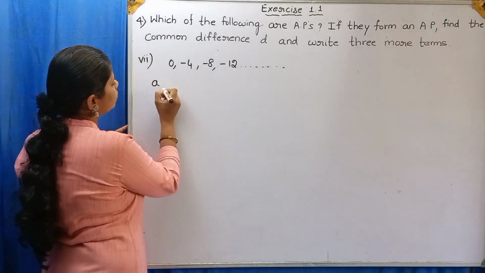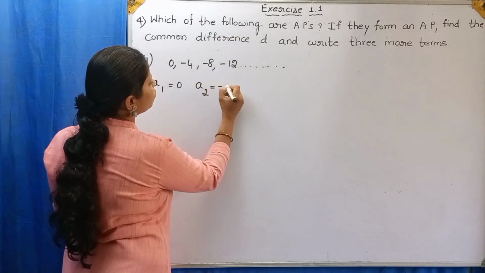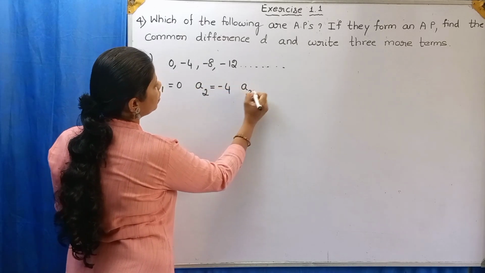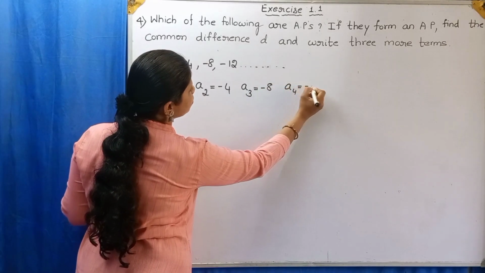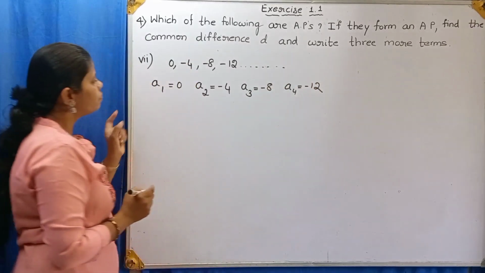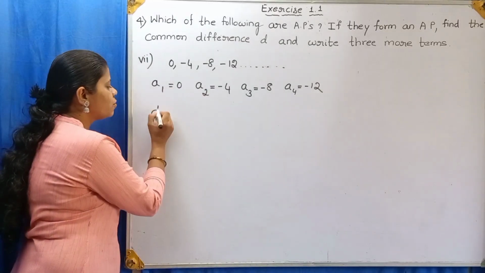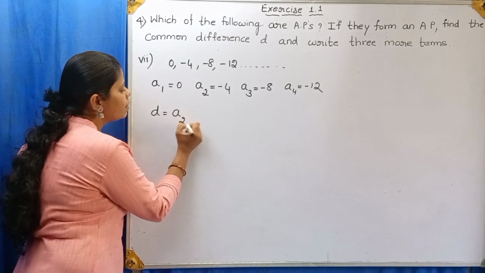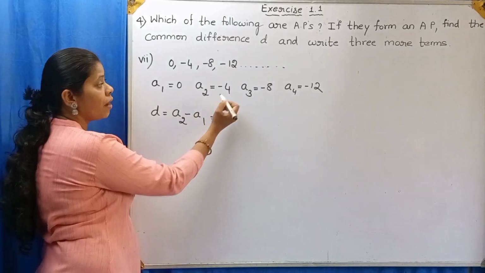A1 is 0, A2 is minus 4, A3 is minus 8 and A4 is minus 12. First, let us find out the difference between these two. That is, D is equal to A2 minus A1. See here, A2 is minus 4.